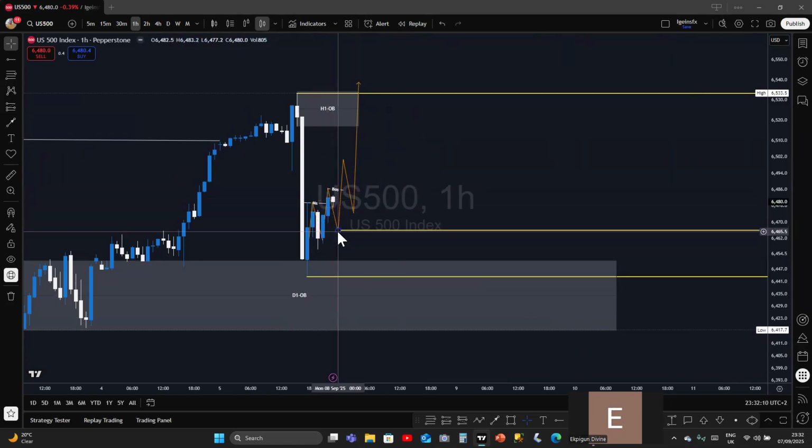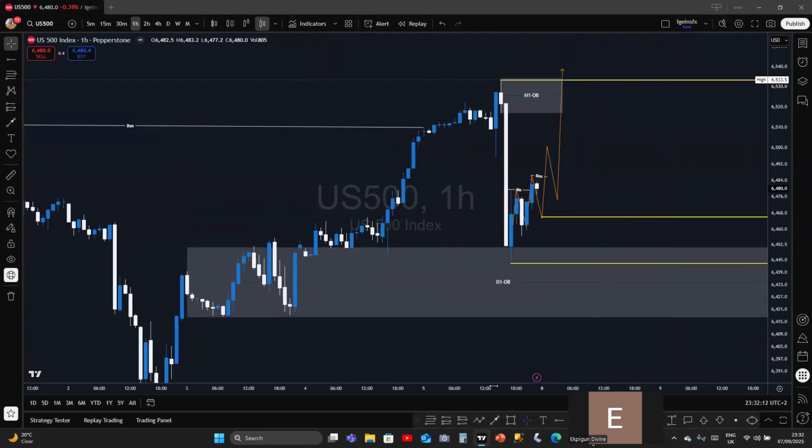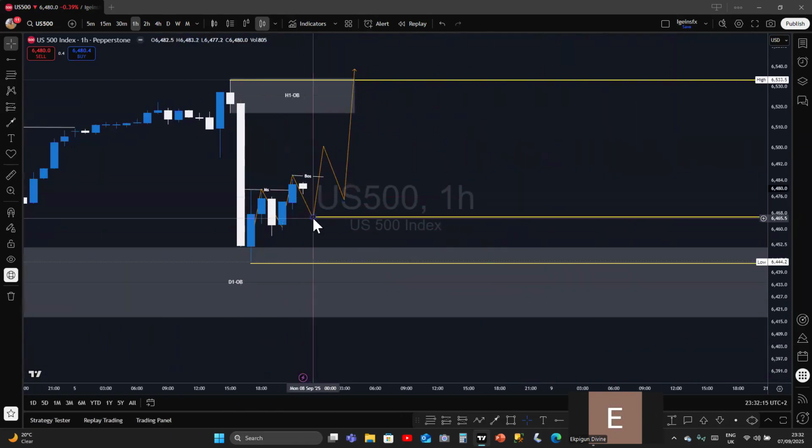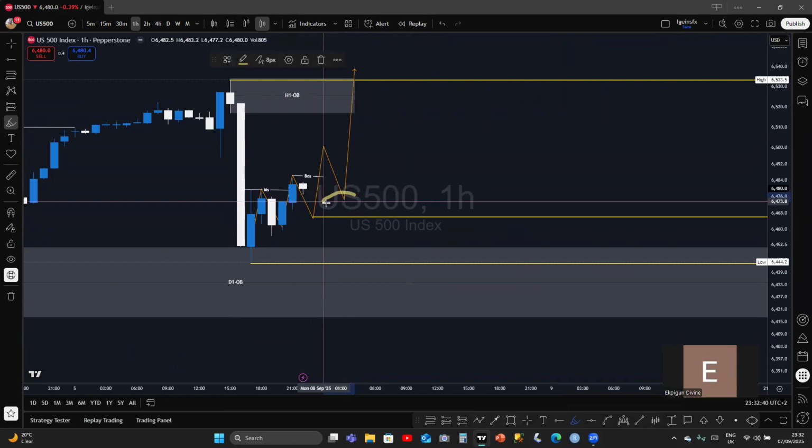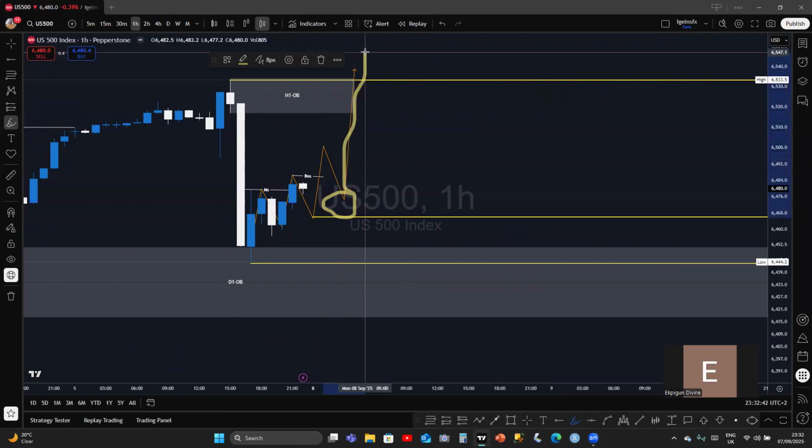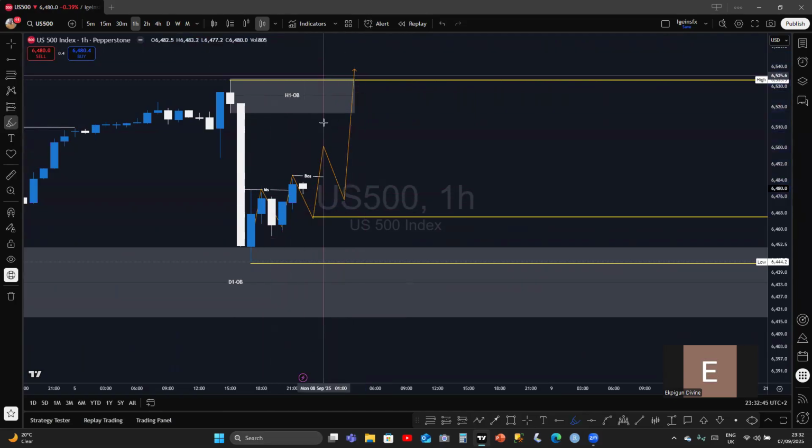We are waiting for a pullback for price to create a support level, then break structure again to the upside, giving us a resistance. Then, as it's pulling back, we are going to wait for price at this support level. Once price pulls back and finds a support level, then we will buy from that point and push the price up.